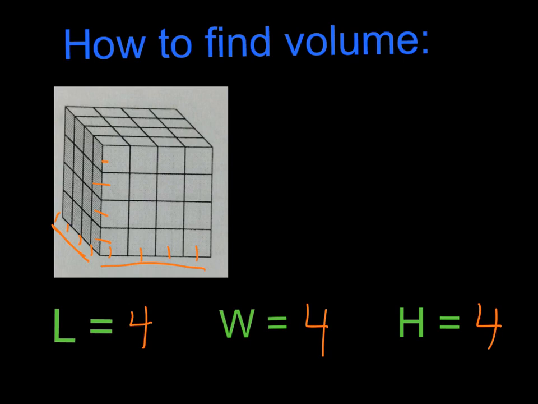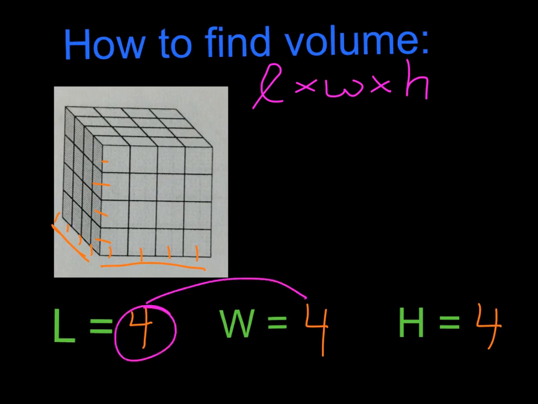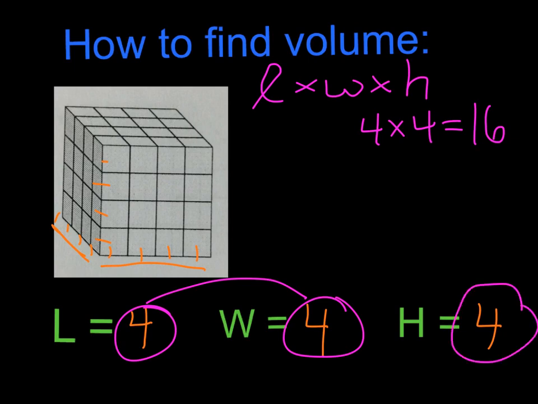Now when we're finding volume, remember we need to do the length times the width times the height. First I'm going to do length times width. I'm going to multiply 4 times 4. I know 4 times 4, which I can do in my head, is 16. Now I need to multiply 16 by our last number, which is a 4. So I'm going to do 16 times 4.